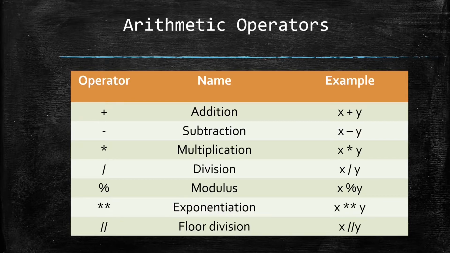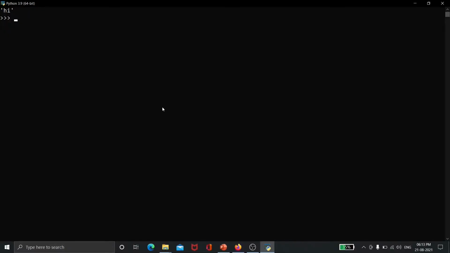Two things might be new to you, exponential and floor division. We will see them experimentally right now. Let's come back to the Python shell for executing the arithmetic operators as a practical implementation.